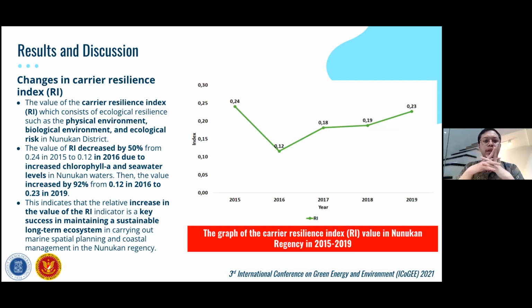Simply, we see in the carrier resilience index that in 2015 the value is 0.24, and there's a decrease in 2016, and in the following years the trend goes up.